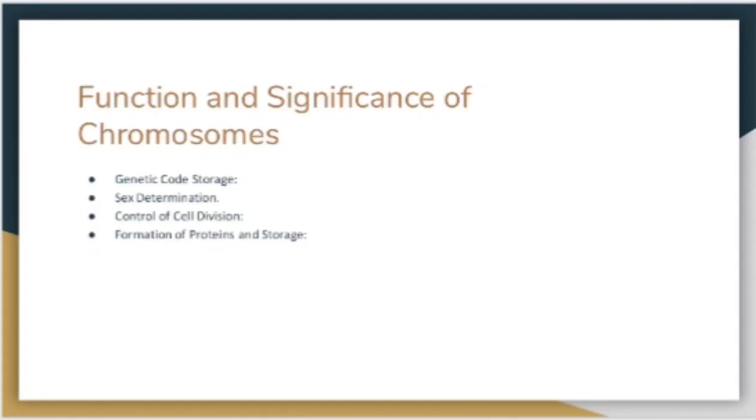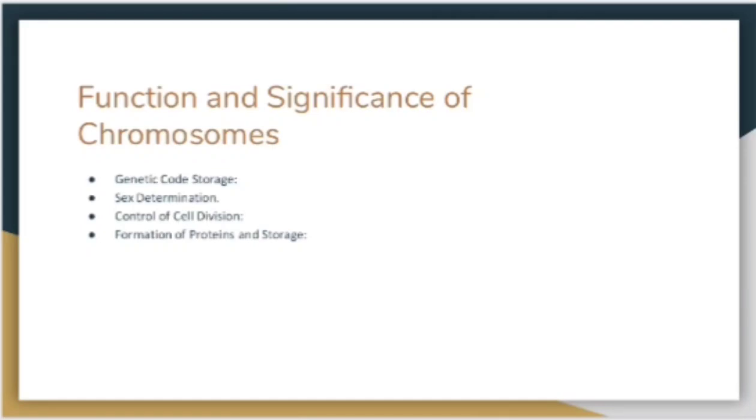Now, sex determination. Humans have 23 pairs of chromosomes, out of which one pair is the sex chromosome and the remaining are autosomes. Females have two X chromosomes, while males contain only one X chromosome and another one Y chromosome.